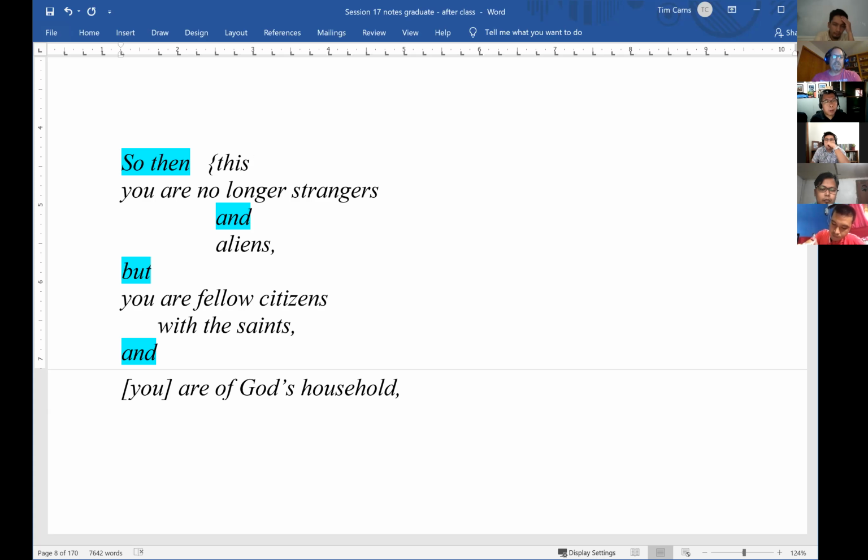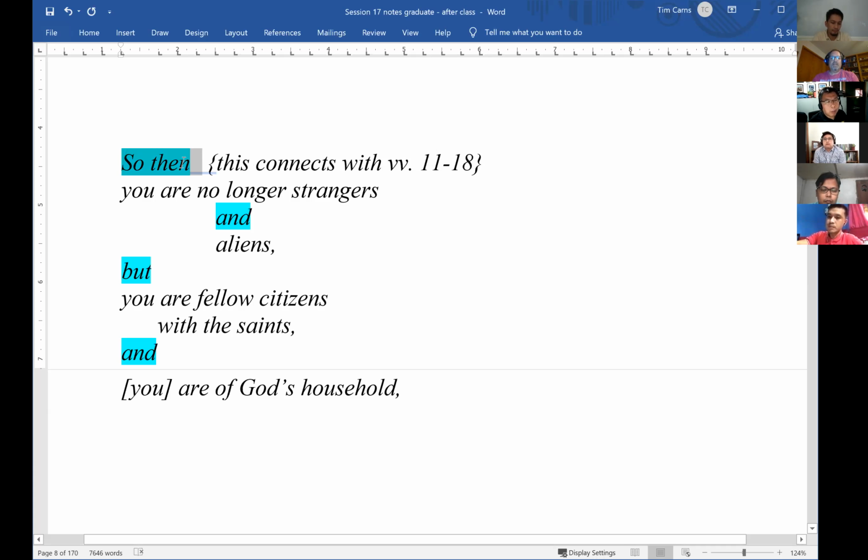So this particular "so then" connects with verses 11 to 18. And this is from Ephesians 2. By knowing the context, we can identify that. If you don't remember that discussion or weren't part of it, go back, I think, two sessions, where I spent a lot of time on conjunctions that begin a sentence and how they are significant in giving us the context.